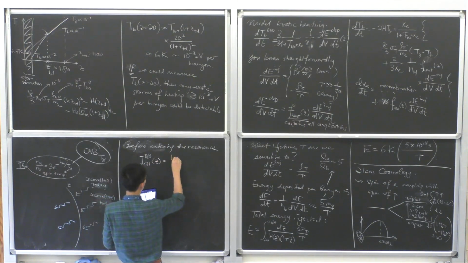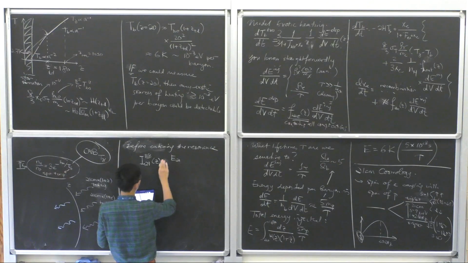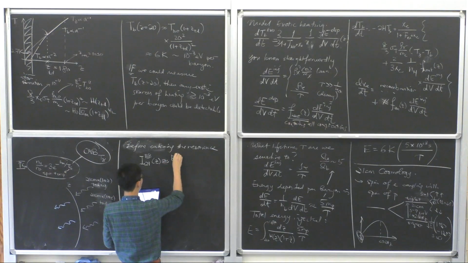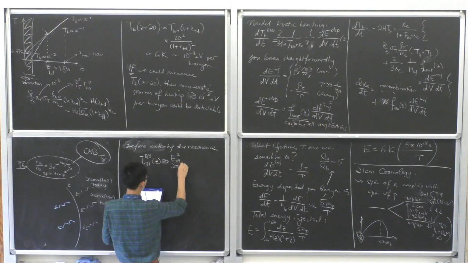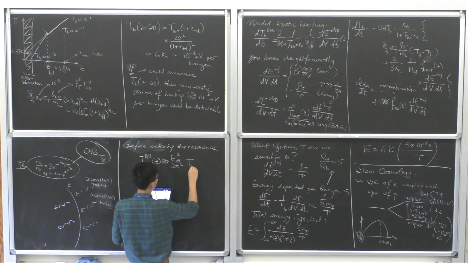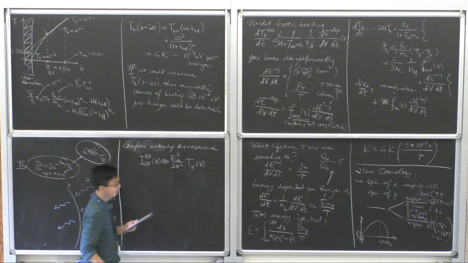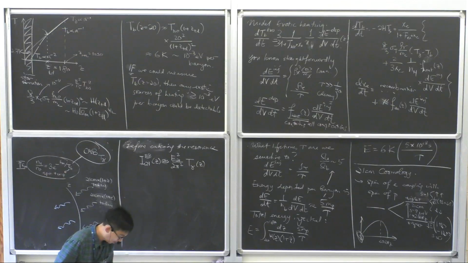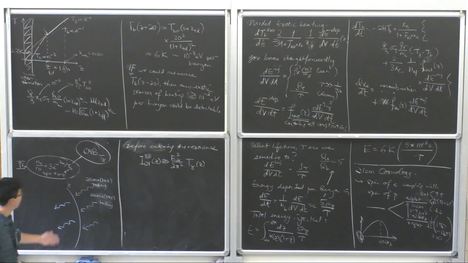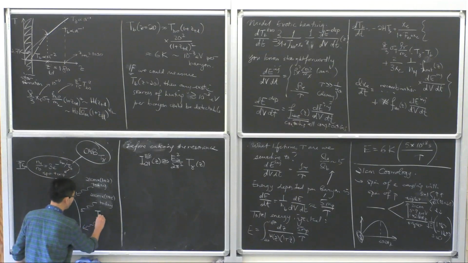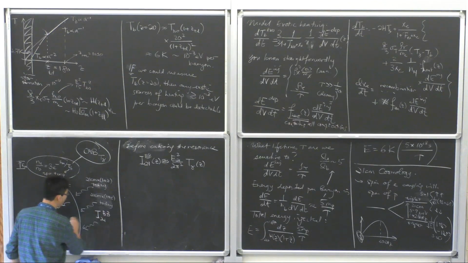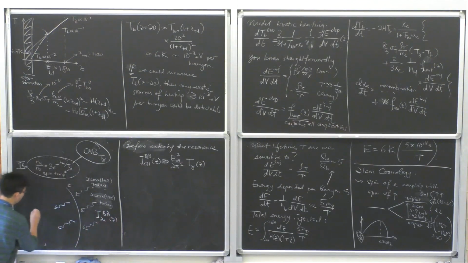And this turns out to be given approximately by E21 squared over 2 pi squared T gamma of Z. Okay? And then you want to know what happened in this slice and what came out. So here the intensity is I21 BB at Z. And here the intensity is I21 of Z.